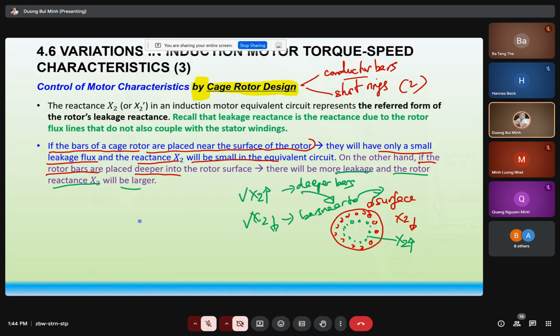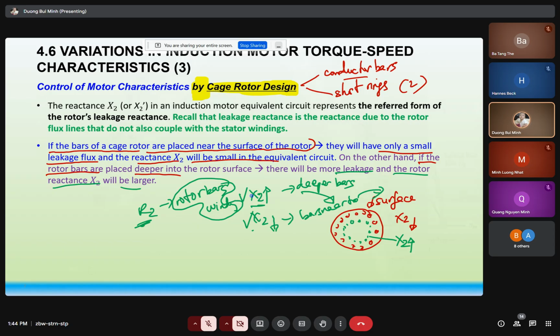And for R2, it depends on the construction of the rotor bar or rotor winding, according to the material of the rotor bar or rotor winding.